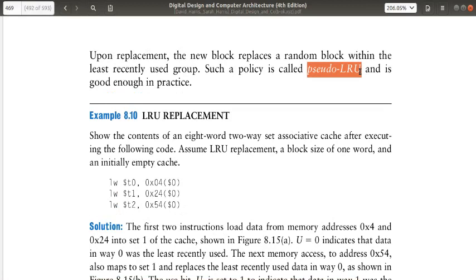The problem with use bit is that as the number of blocks per set increases, we will need to increase the number of use bits also, and this is an overhead which from a design point of view is something that we try to avoid. So for that, what we do is we divide the whole number of blocks into certain groups.